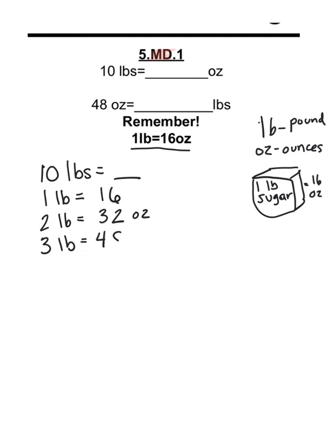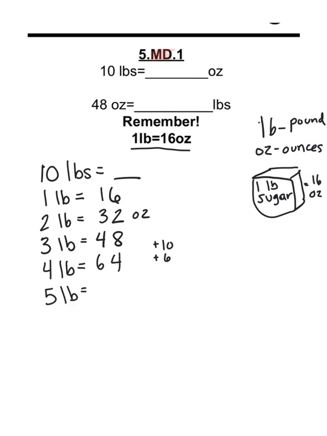Would that be 48? 32 plus 10 is 42, plus 6 more, yeah, that's 48. What would 4 pounds be? 48 plus 10 would get us to 58. And then 58 plus 6 more would be 64, wouldn't it?